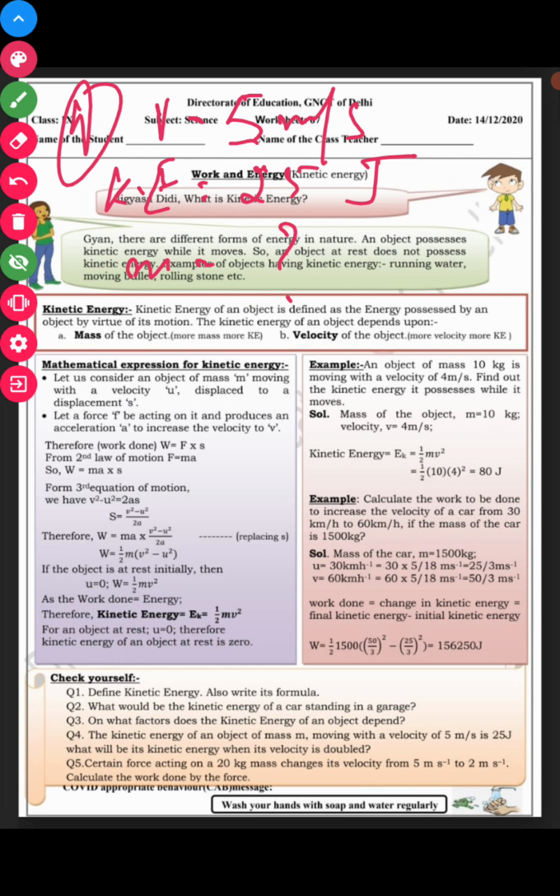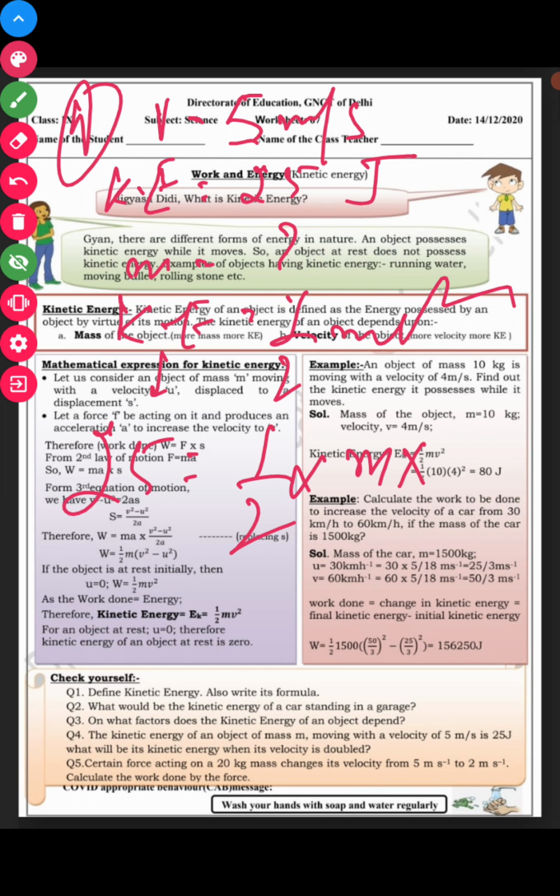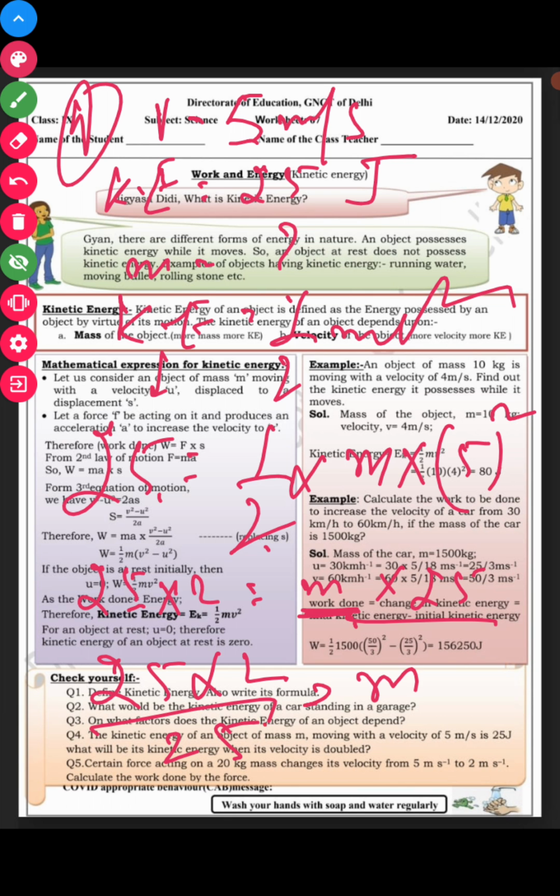Okay, so let's put the values. Kinetic energy is equal to half mv square. So here we put 25 is equal to half m, we have to find out, and we have 5 square. So this 2 when transferred here gets multiplied, and m into 25, this 25 when it is multiplied with the m and transferred to the other side gets divided like this. So m is equal to 2 kilogram.